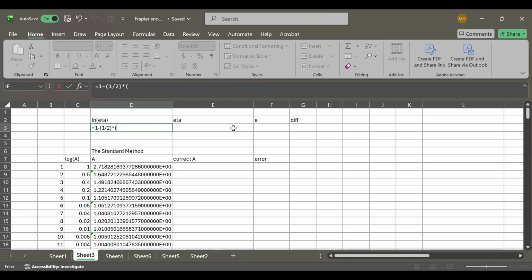And we're going to use this approximation to figure out exactly what eta should be in the calculation, exactly to 16 digits. We'll exponentiate that number to get eta. We'll compare it with e. It's actually different than e.